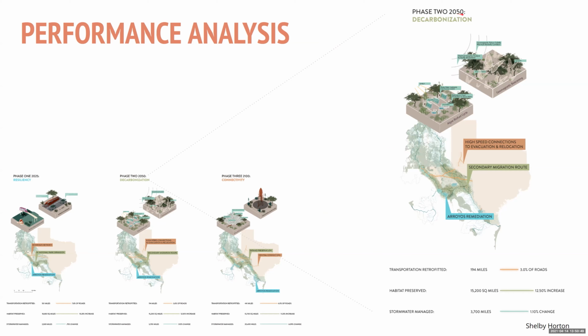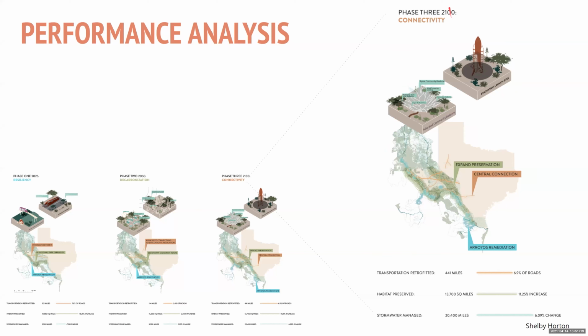And then phase 2 in 2050 decarbonization, we're focusing on our green energy production with algae biofuel, which will also help us to produce water in this arid region. And we're also focusing on geomagnetic beacons and the migratory crossings shown here along the Pecos River to help with species migrations. And we're implementing about a 12.5 increase of habitat preservation.